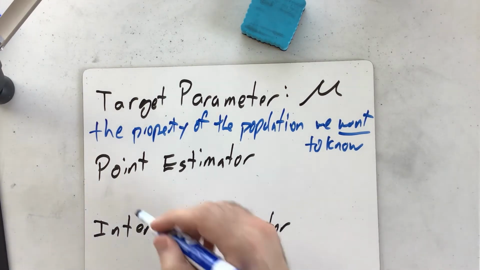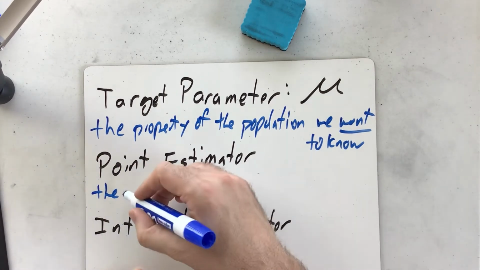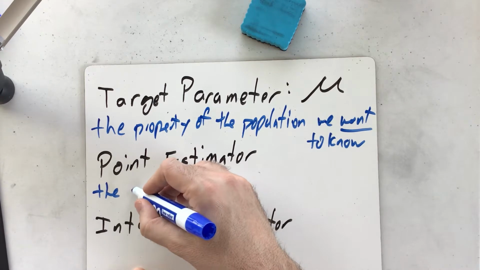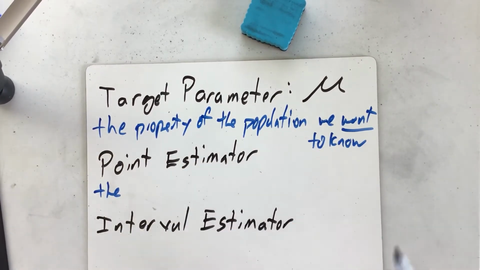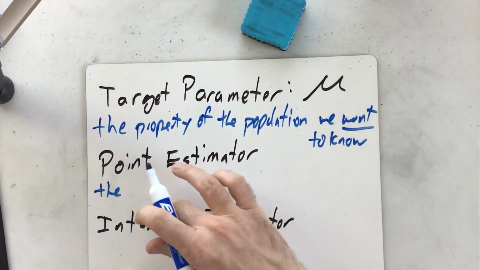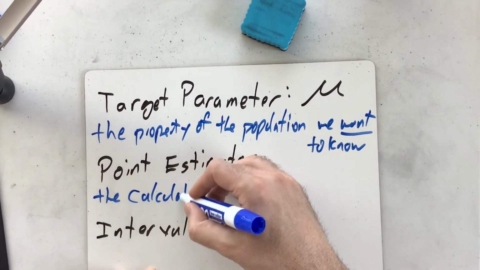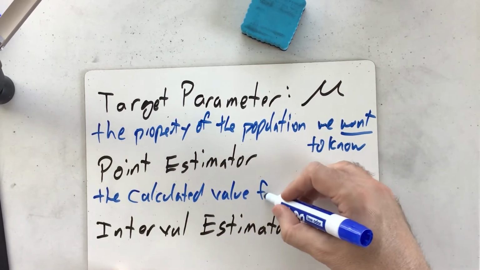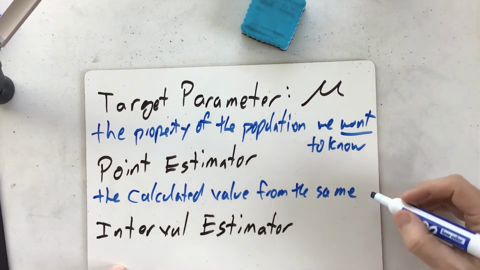The point estimator is the value we calculate from the sample. So it is the calculated value from the sample that we use.